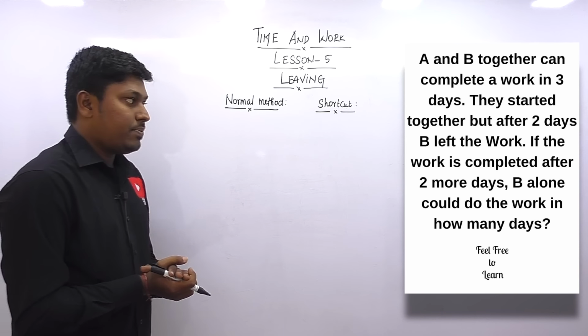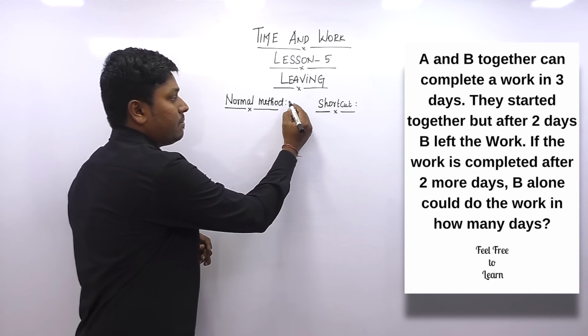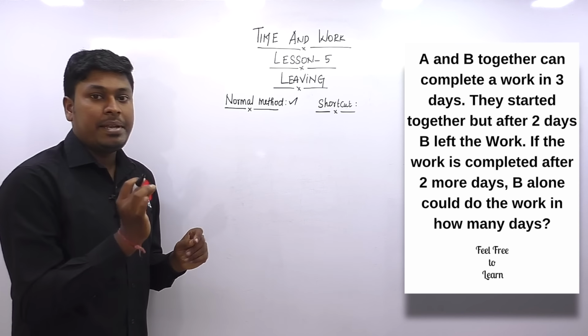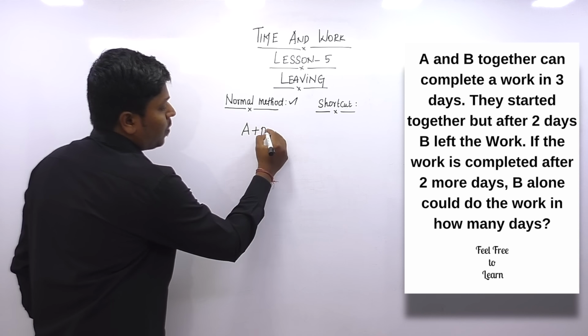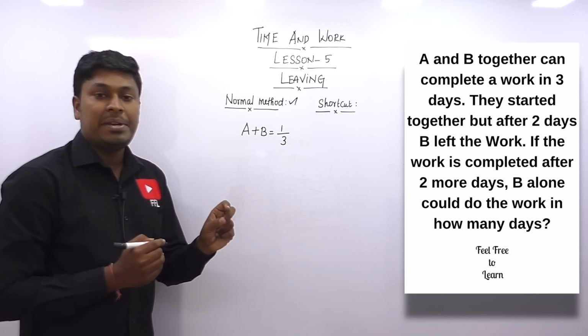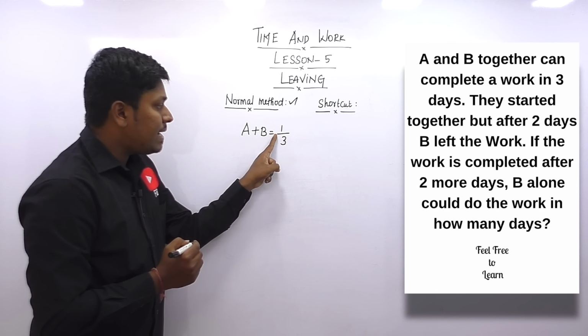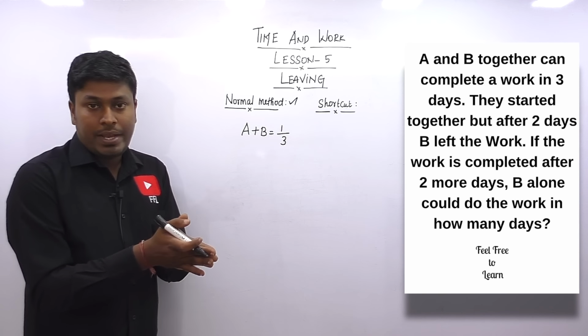First of all, we are going to solve this question by the normal method. Then we can move on to the shortcut method. Normal method: A and B complete a work in 3 days, so we can say that A and B's 1 day work will be 1 by 3. Got the logic? Because A and B can complete the job in 3 days. Now they have started doing the job.